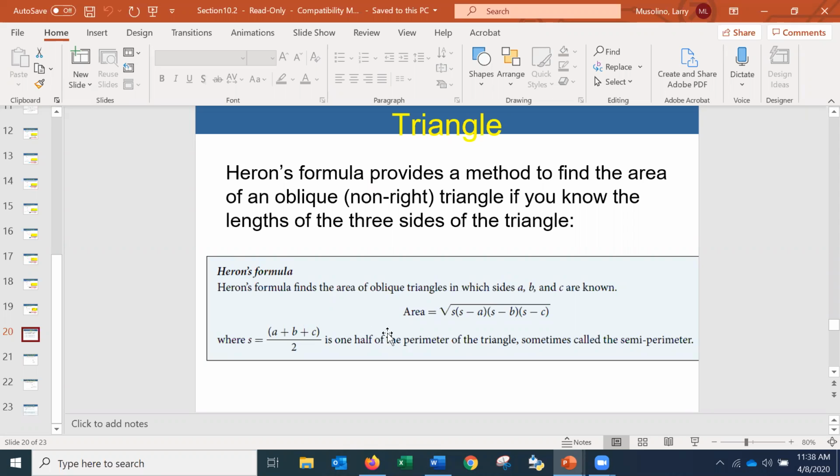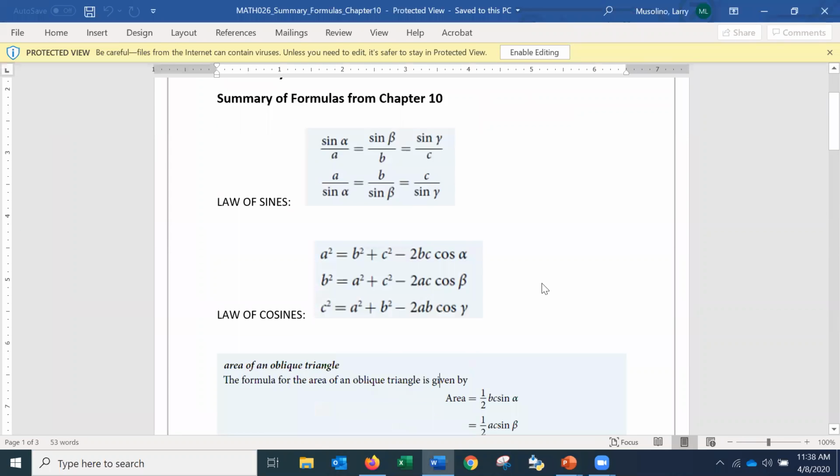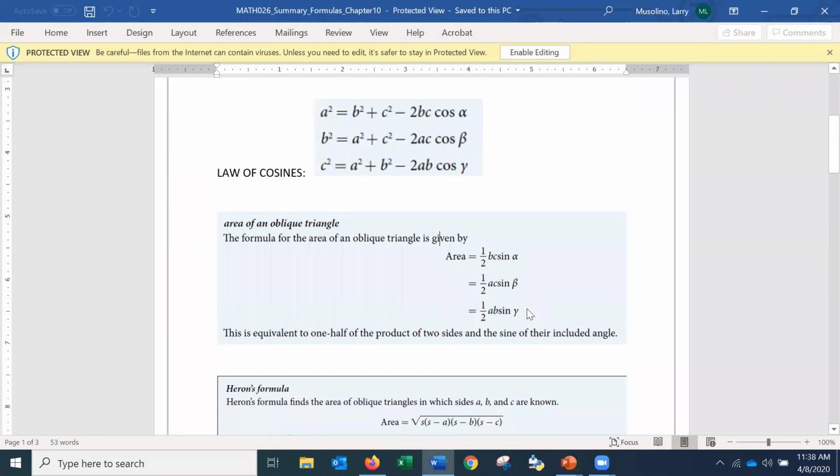Well, you might remember that, let me go back to that chapter 10 summary for a second. We talked about these formulas in section 10.1, which is finding the area of a triangle, but you had to know one of the angles, right? You had to either know angle A, B, or C. But maybe you don't have those angles. You only know the 3 sides of the triangle.